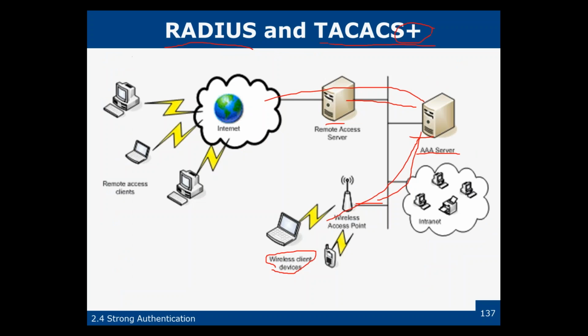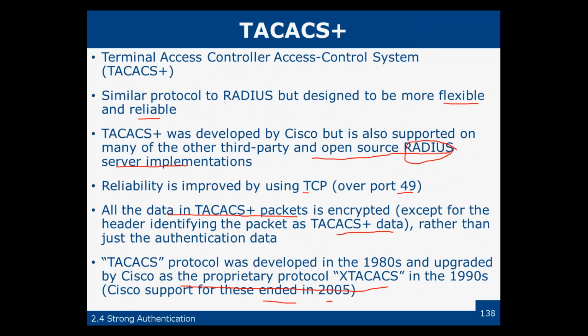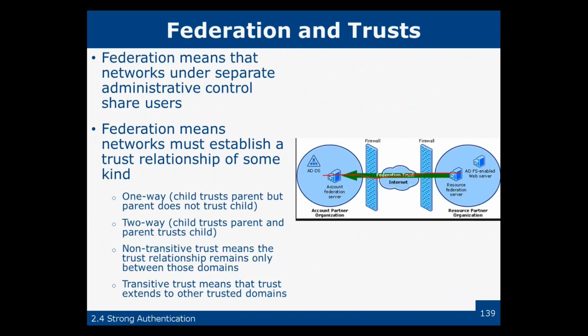So where were those trusts? So why wouldn't they want to do a transitive trust? What does a transitive trust do?